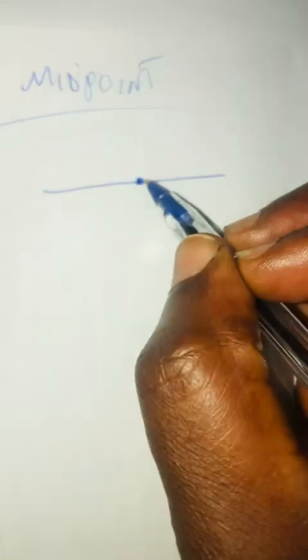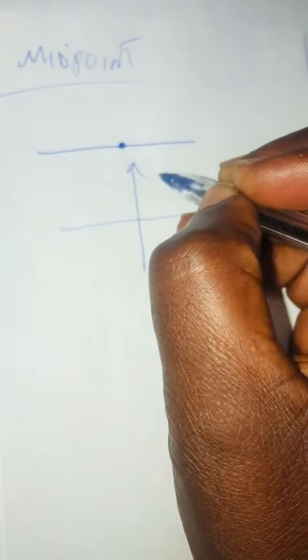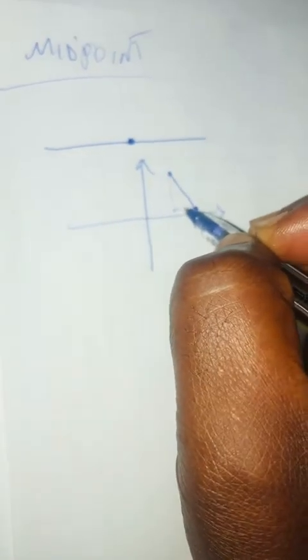Midpoint is the halfway of a given line. So if we're dealing with a Cartesian plane, and I have two points, I need to connect these like that. From here to here we need to have the midpoint.